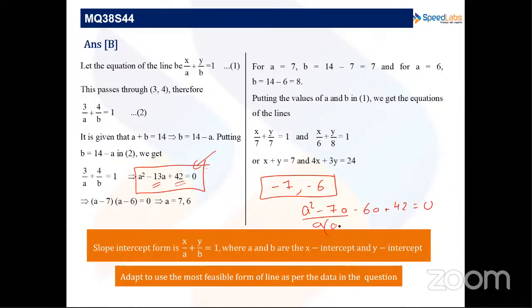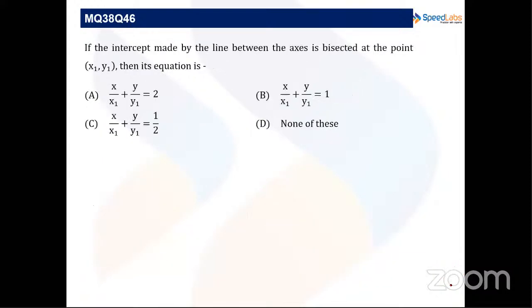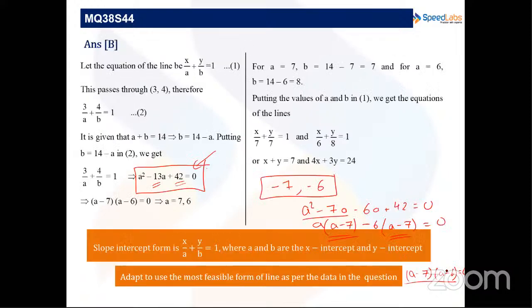From the first two terms we take a common, so a into a minus 7, and from the last two terms we take minus 6 common, so minus 6 into a minus 7 equals to 0. Now we take a minus 7 common from these two terms, into a minus 6 equals to 0. Now look at this. This is a product of two factors, and the product of two factors is 0. That means either of the two is 0. So either a will be 7 or a will be 6.